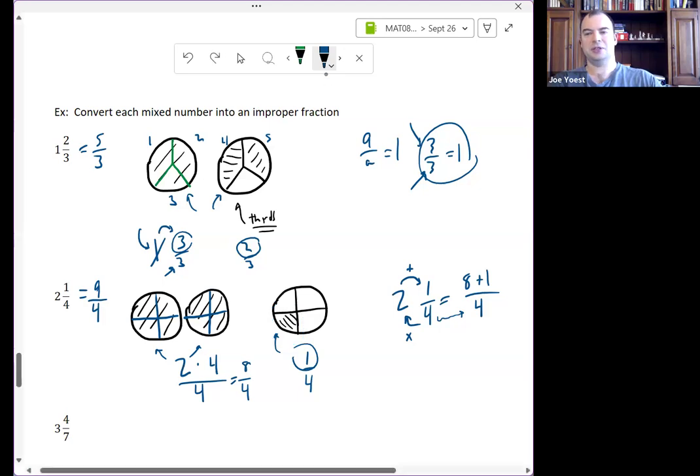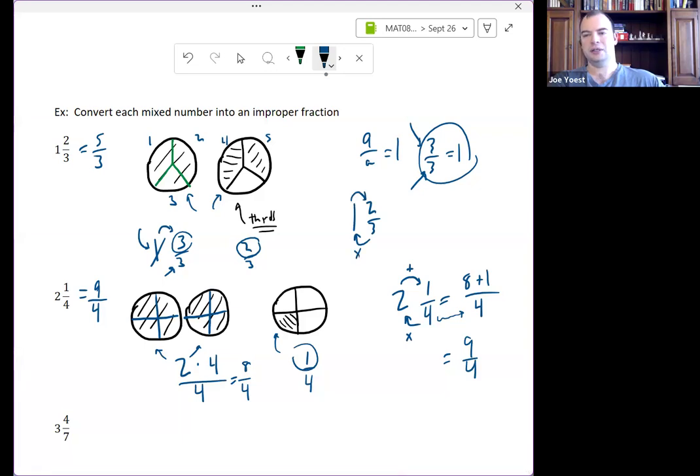Everything is still in terms of quarter slices. Or if I have 1 2/3, I take 3 times 1 plus 2. 3 times 1 is 3, plus 2 is 5. And that's the number of slices of size 1/3 that I have.